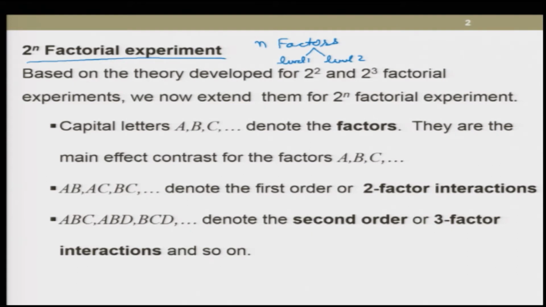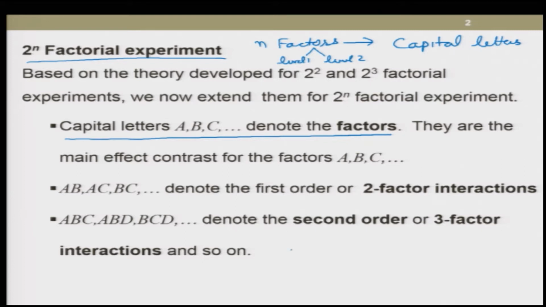As per the rules of factorial experiment, these n factors are going to be represented by capital letters. So, all these capital letters, capital A, capital B, capital C, etc., are going to denote the factors.